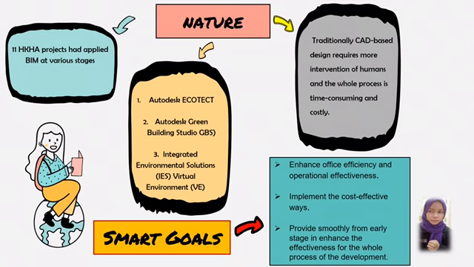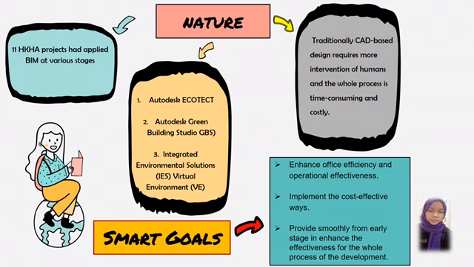Traditionally, CAD-based design requires more human intervention, and the whole process is time-consuming and costly. However, by using BIM technology, the designer can optimize the building design efficiently in the early stage and for the whole process.